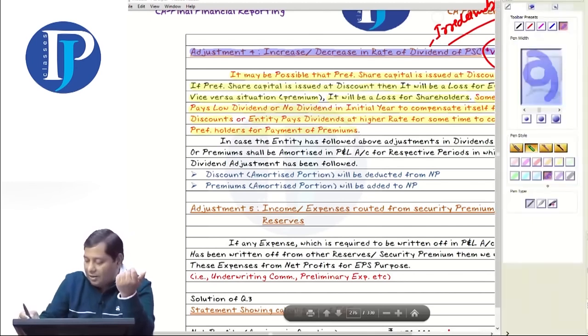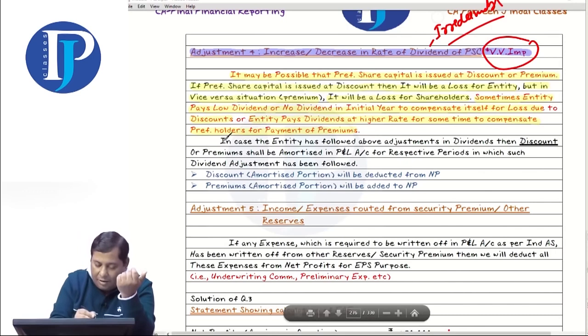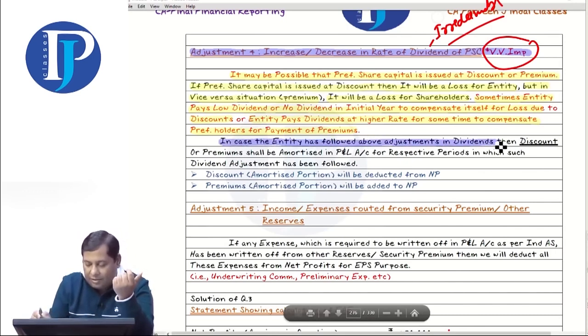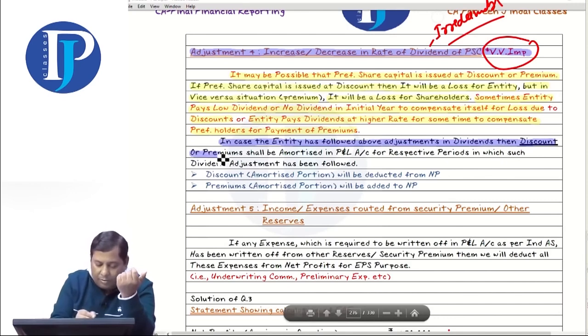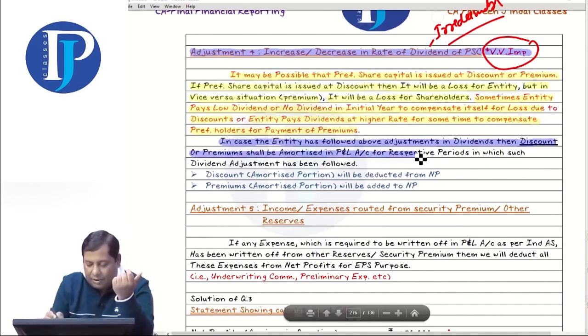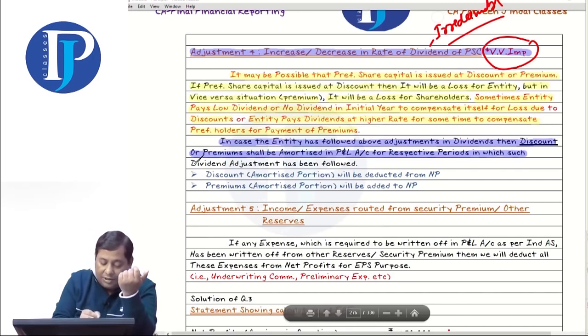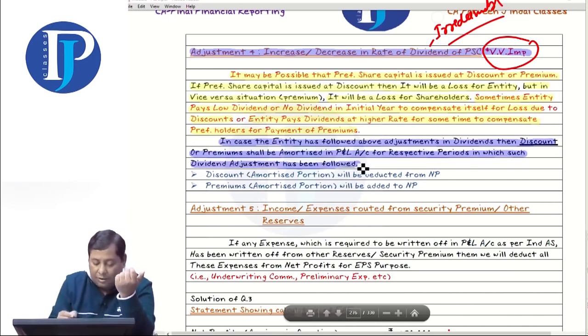Now, in case the entity has followed the above adjustments in dividends, then discount or premium shall be amortized in P&L for the respective periods in which such dividend adjustment has been followed. How? Amortized discount will be deducted from NP and amortized premium will be added back to NP.